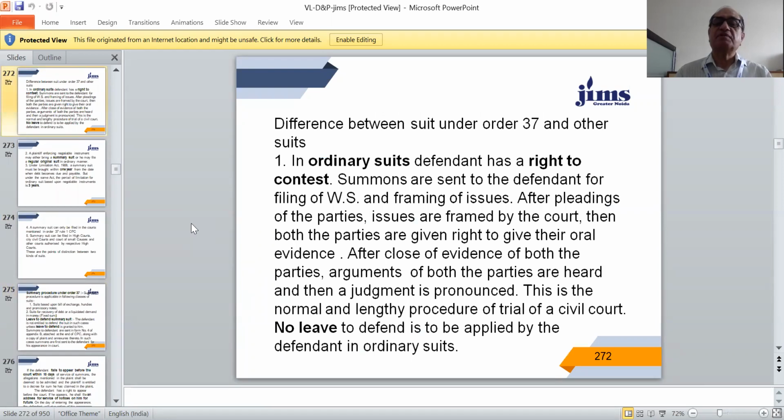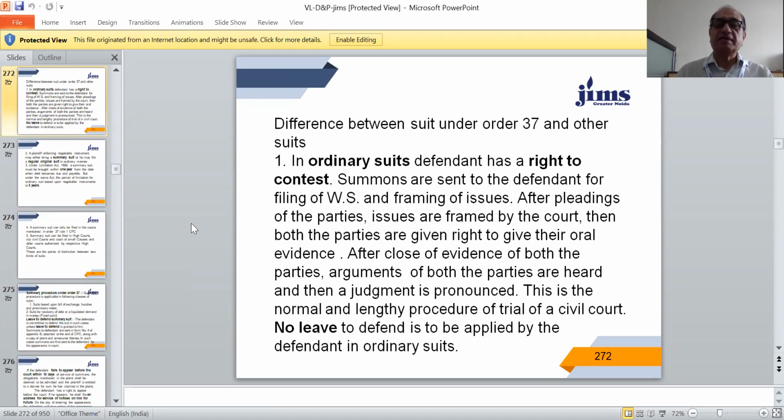Now, what is the difference between a suit which you are going to draft under Order 37 and other ordinary suits? You should know this distinction first. Dear students, in ordinary suits, defendant has a right to contest the suit. Summons are sent to the defendant for filing of WS and framing of issues.